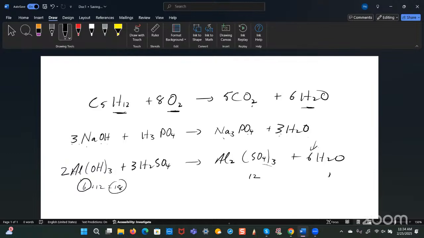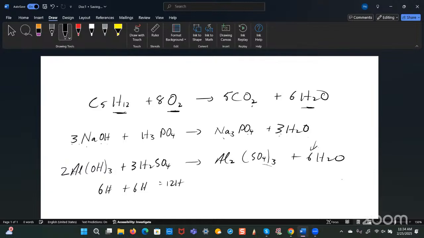Right, because when you multiply by 6, you end up with 6 plus 12 oxygens equal to 18, which is equal to the 18 on this side. So the only thing that we haven't looked at yet is the hydrogens in terms of balancing. Let me just erase some of this here. As far as the hydrogens are concerned, we have a total of 6 hydrogens plus 6 hydrogens, so that will be equal to 12 hydrogens.